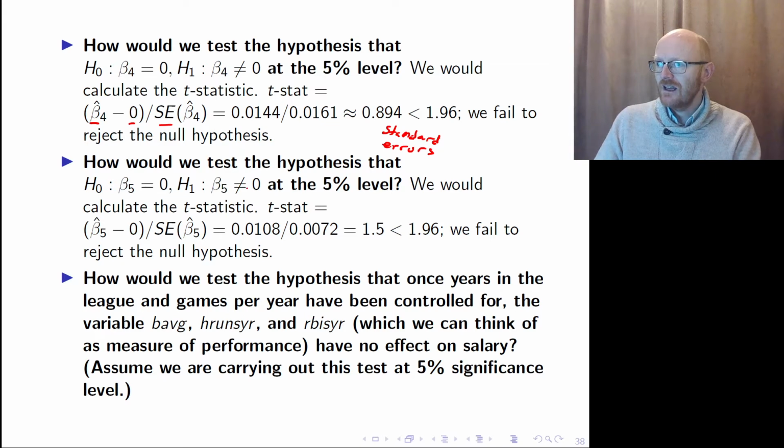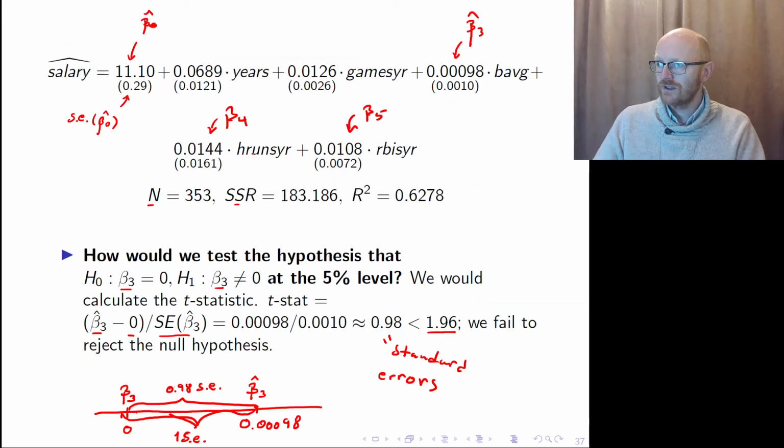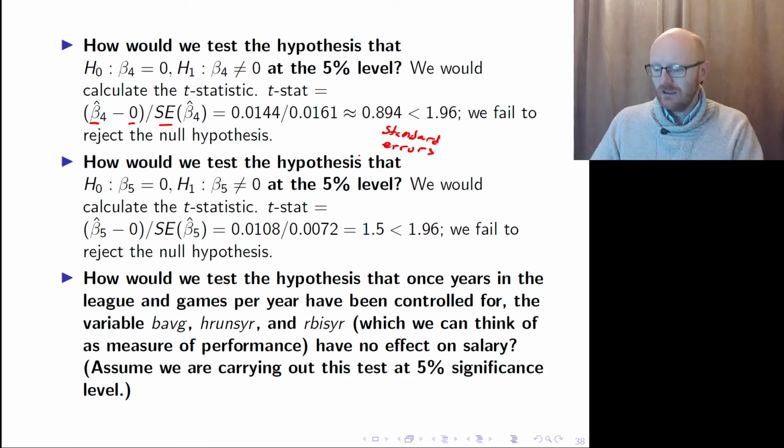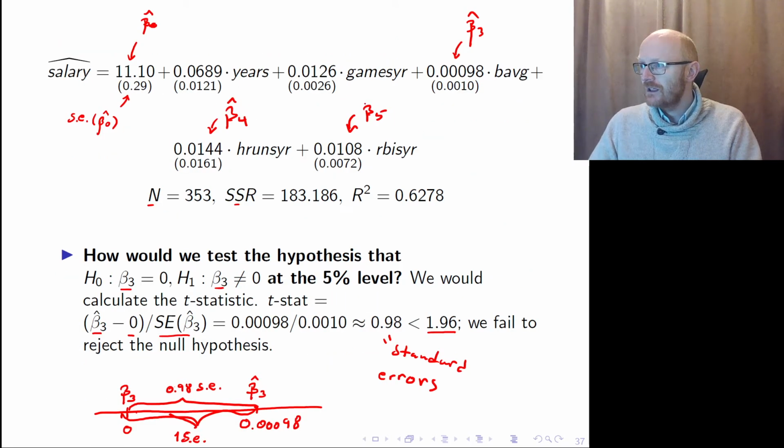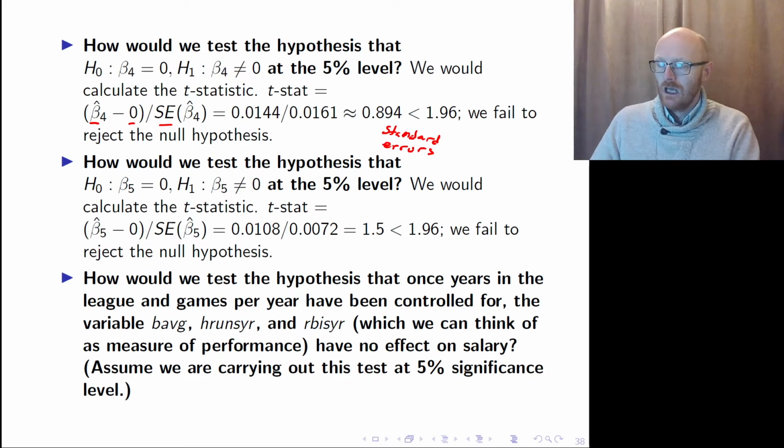So we cannot say that beta 4, the slope on home runs per year, oh, sorry, there should be hats here, is not there by random chance. This distance is likely just by random chance.